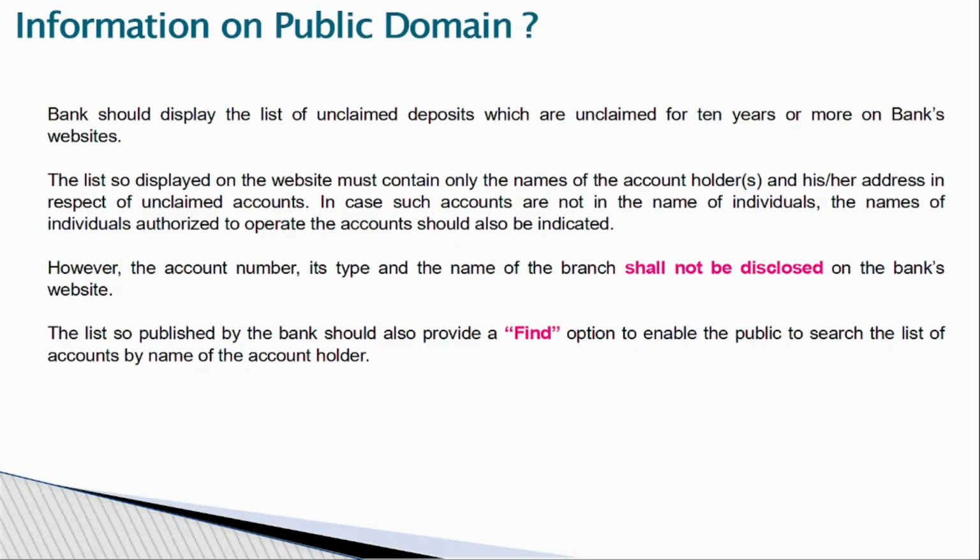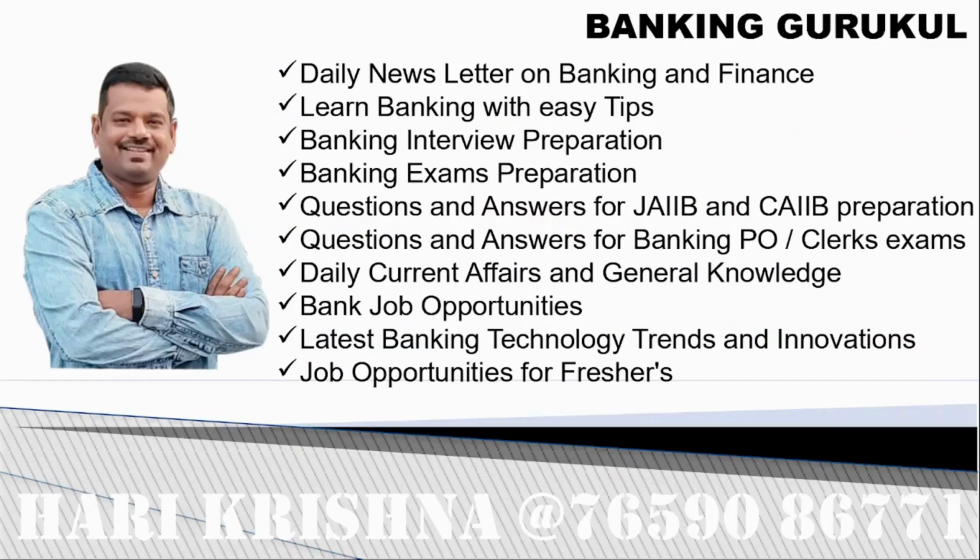So if any unclaimed or inoperative account credit balance is there, then he has to give further details like which branch he maintained, is there any proof, and only then he gets the claim from the bank. So on the website you should not keep all the details, and there should be a find option for the customer to search his inoperative and unclaimed deposits.